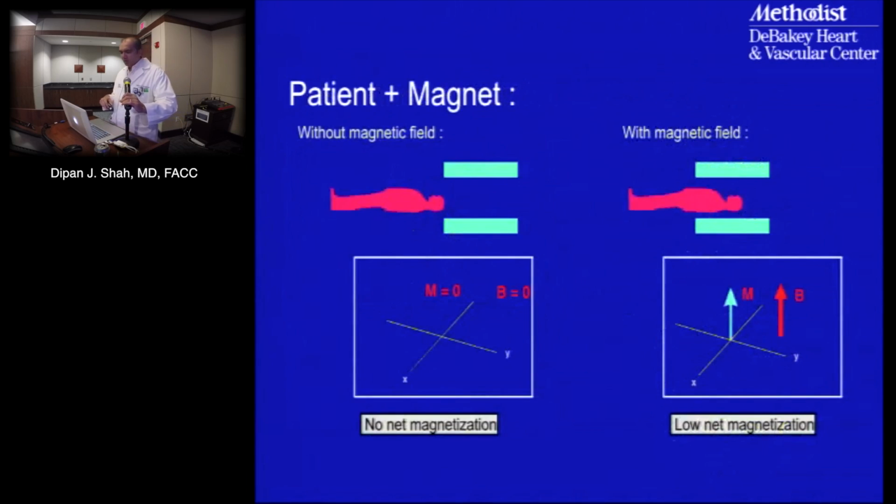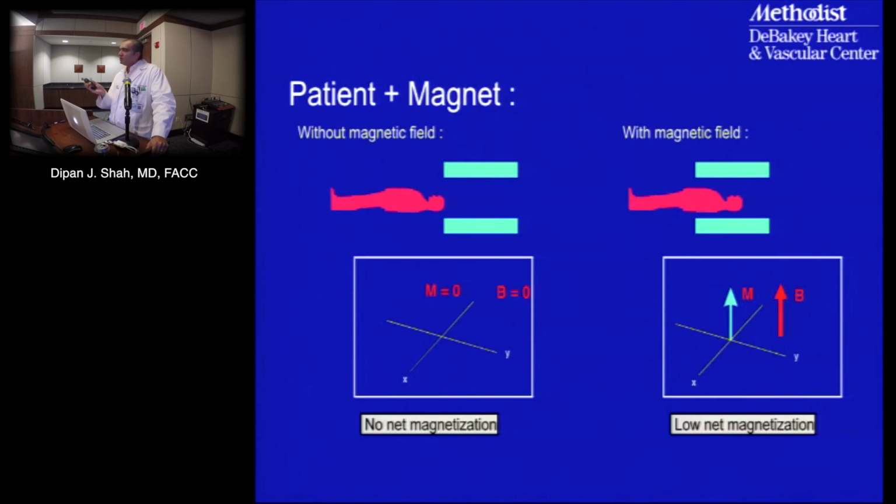Now, the net effect is that when you place a patient into the magnetic field, the patient's body itself sees magnetization and therefore has an alteration in the magnetization of the protons within the body. What a gradient does is it applies a magnetic field in a gradient fashion so that the alteration of the magnetic field will be different, for example, at the head versus at the feet.